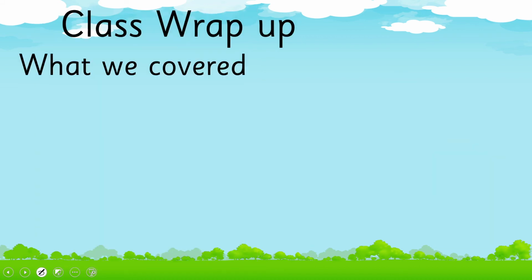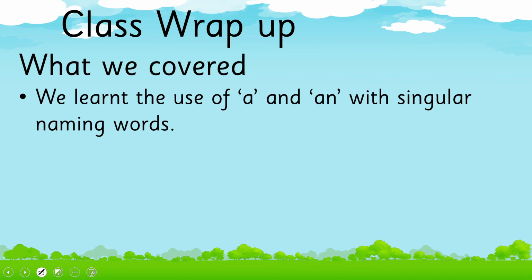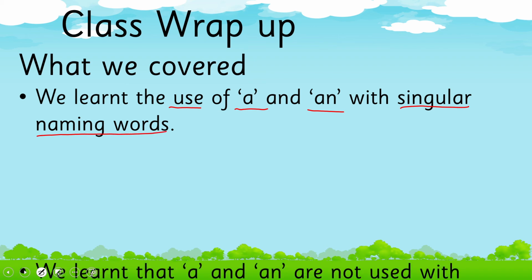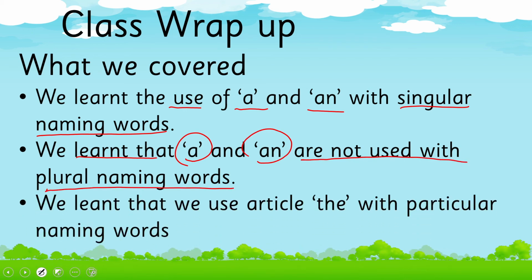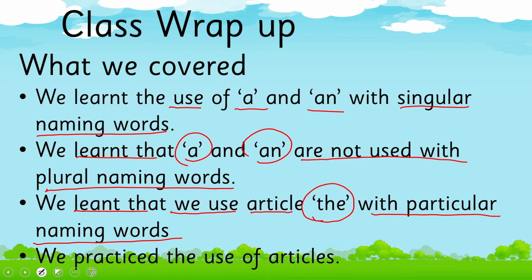All right, so what we have learned today, we learned the use of a, an with singular naming words, and we learned that a and an are not used with plural naming words, and we learned that we use article the with particular naming words, and we practiced the use of articles.